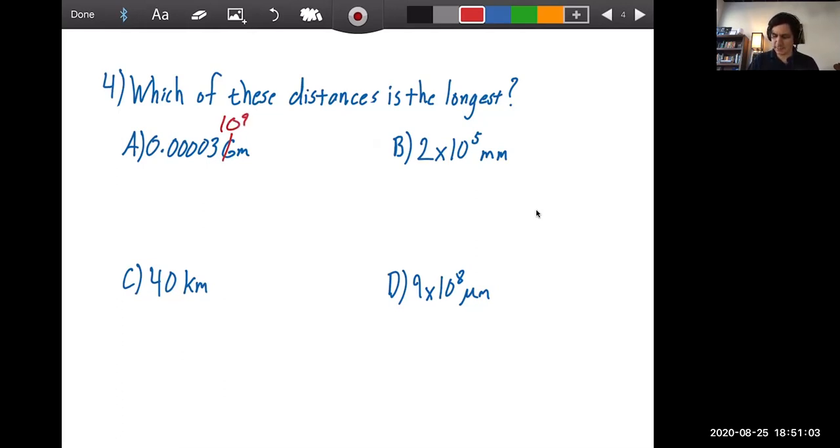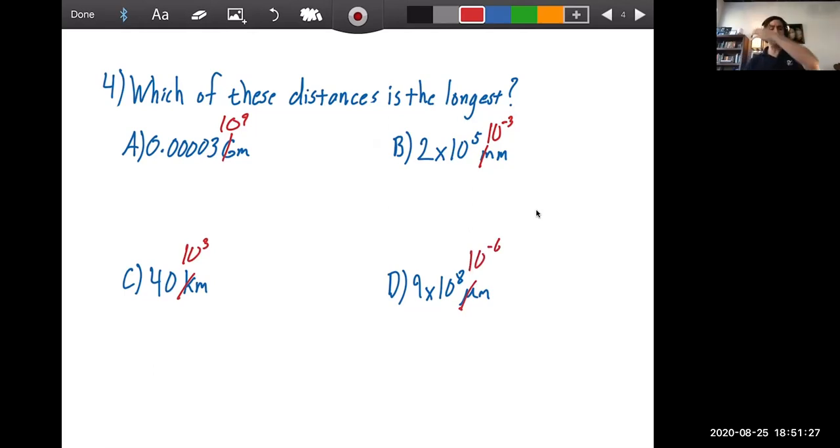Here we have millimeters. I know milli is 10 to the minus 3 meters. Kilometers, that's 10 to the 3 meters, 1,000 meters. Micro, that's a millionth of something, so that'd be 10 to the minus 6, 1 divided by a million.